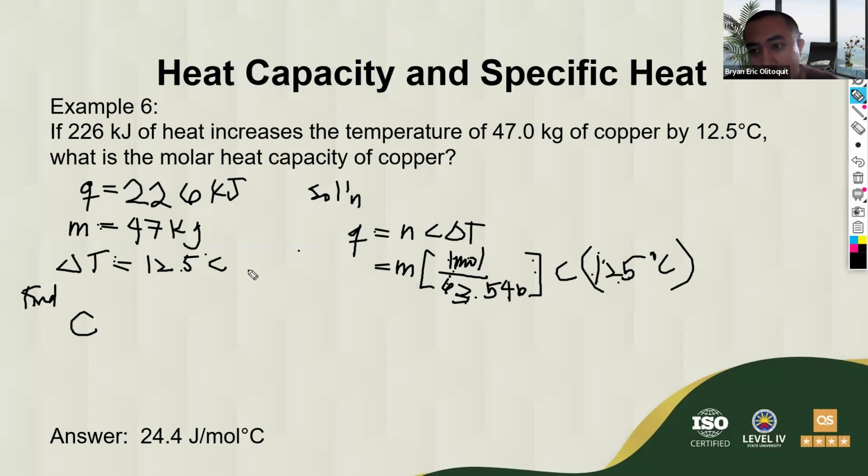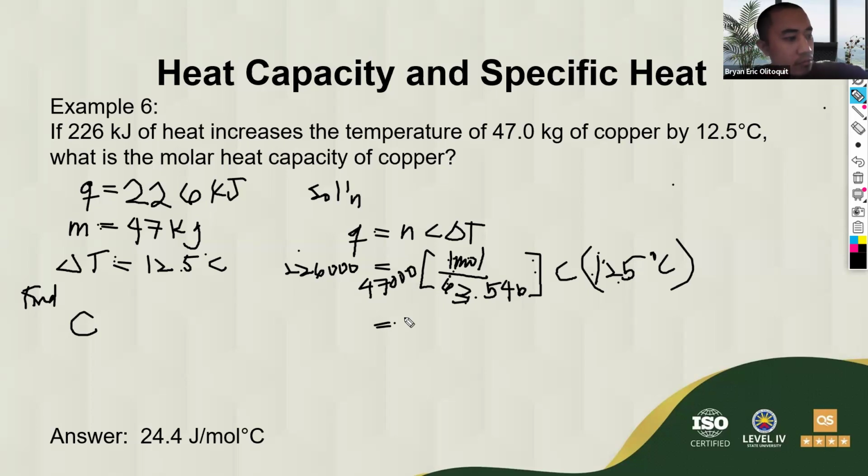Since it is in kilojoules, let's convert to joules, so you have 226 and add 3 zeros. For the mass, you have 47 kilograms, so that is equivalent to 47,000 grams.